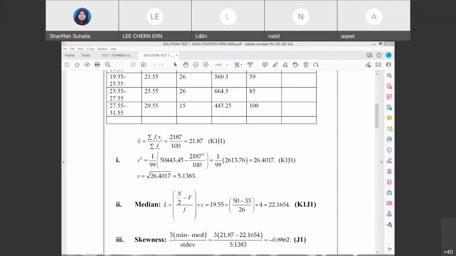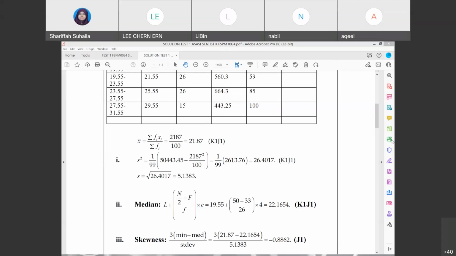Okay, so the first answer, you get your mean here, 21.87. Okay, and then standard deviation, betul, 5.1383. Okay. And then you punya median 22.1654. Okay, correct. You punya skewness, okay, again, saya tak sure Luqman guna yang mana satu ni.